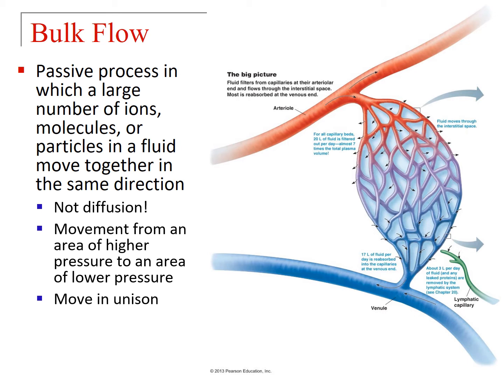In this case, with bulk flow, because it's based on pressure and not diffusion, you have a lot of different types of materials moving in unison from the capillary to the interstitial space. Finally, these will move at rates that are actually greater than in diffusion. I've mentioned that diffusion is a very fast process on the molecular level. Well, this is even faster.